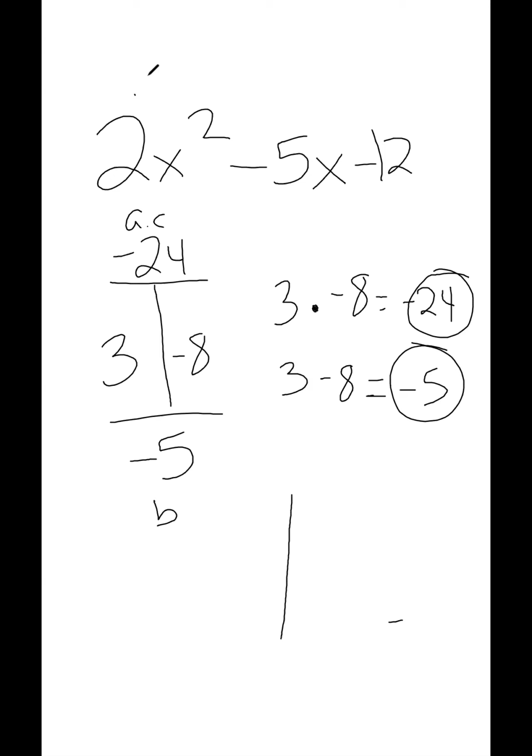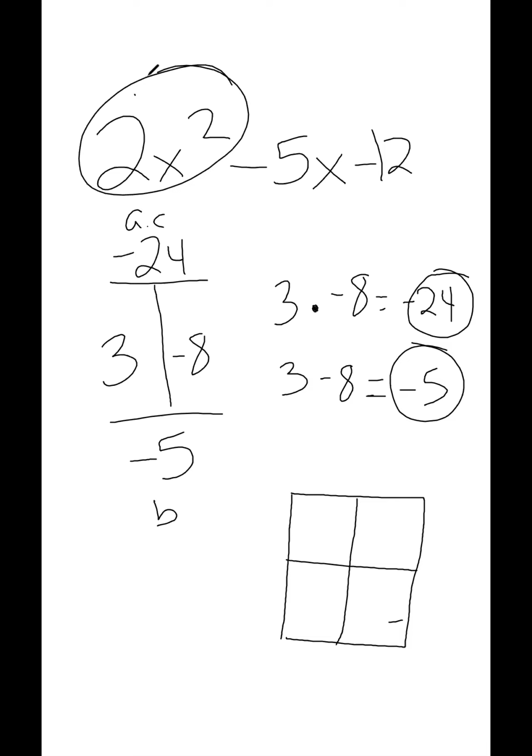So then I'm going to do the reverse box. So remember that a goes in that first box, 2x squared. C goes in that last box, negative 12. And remember to bring that negative with you. It's not just positive 12, it's negative 12. I know 2 and 3 are not common, so I'm going to use that negative 8x and 3x.